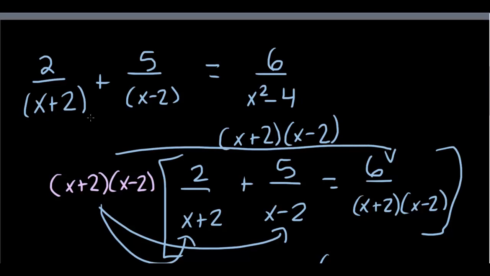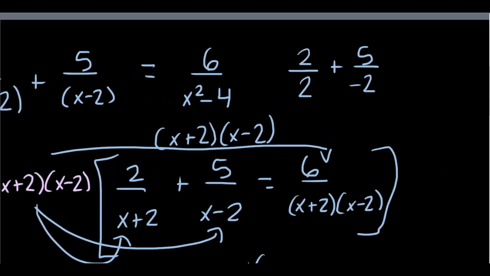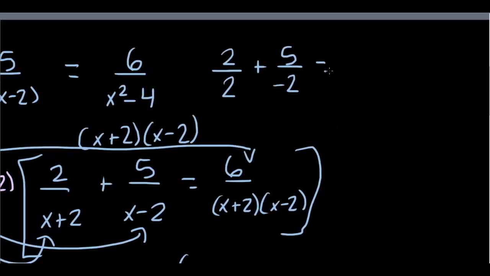So if x is 0, then it will be 2 over 0 plus 2 is 2 plus 5 over 0 minus 2 is negative 2, and this is supposed to equal 6 over negative 4, because 0 times 0 is just 0.